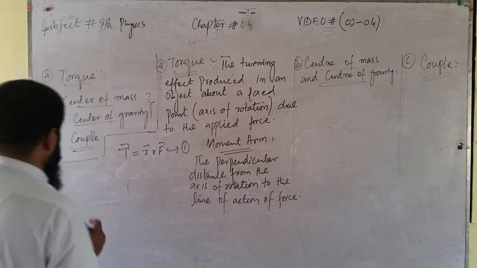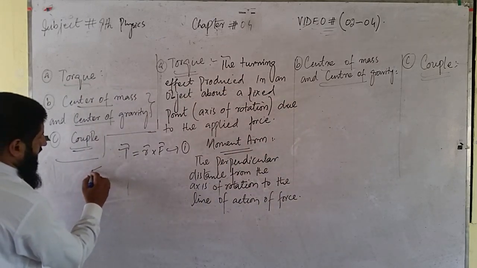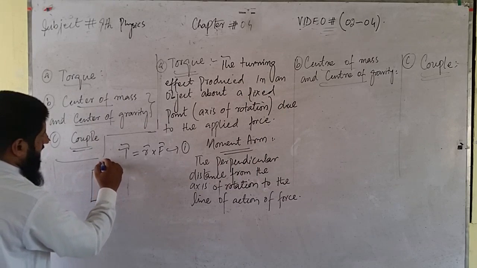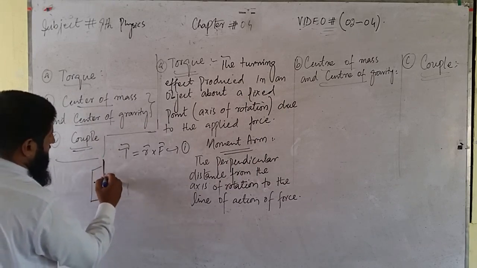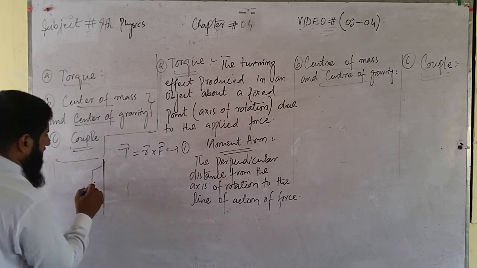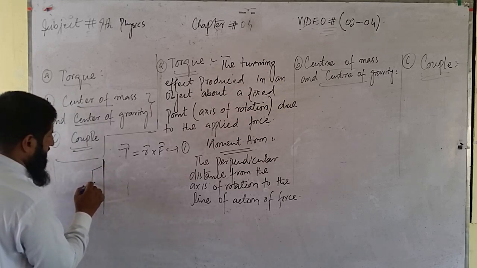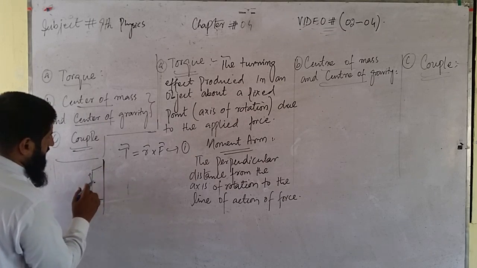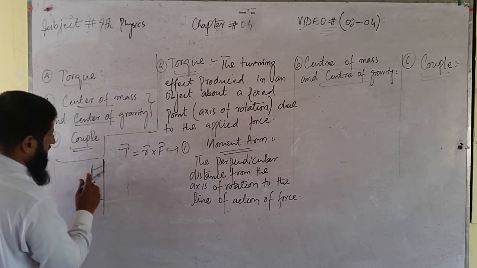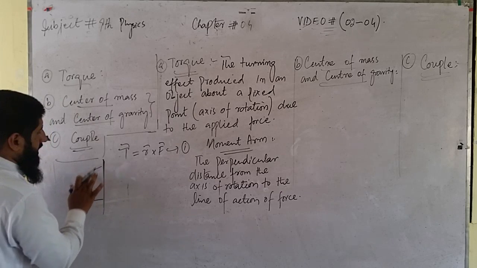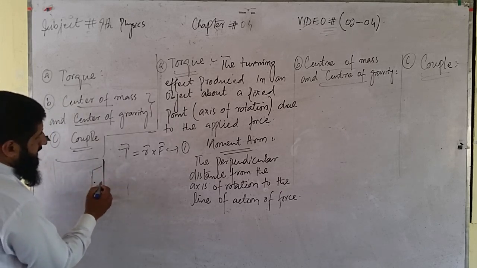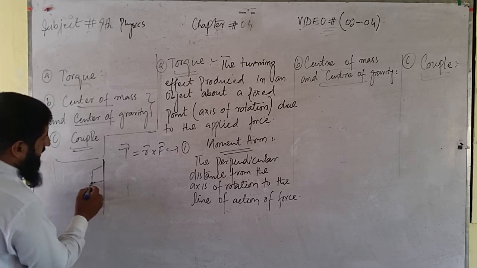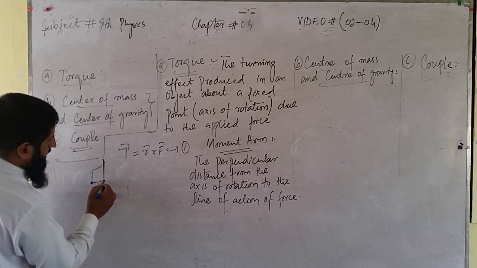For example, consider a door rotating about a fixed point, that is, an axis of rotation. The force is applied in this direction, for example if someone is turning it. The perpendicular distance between the line of action of force and the axis of rotation is the moment arm.